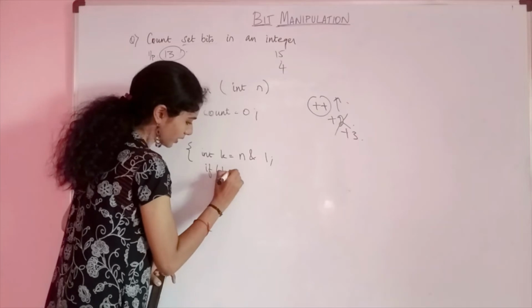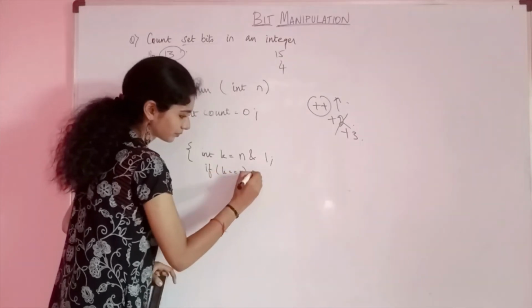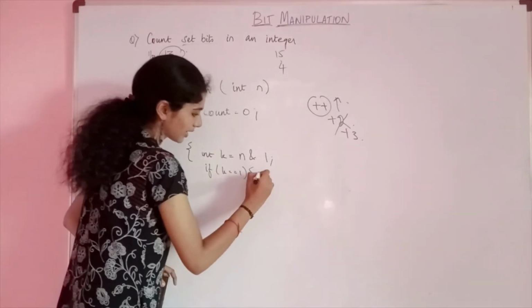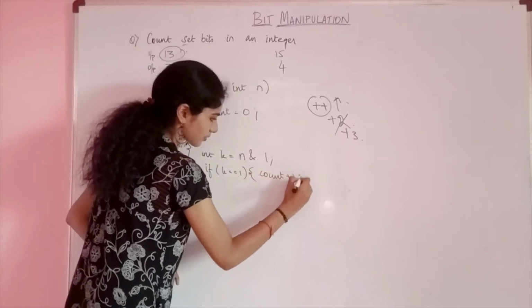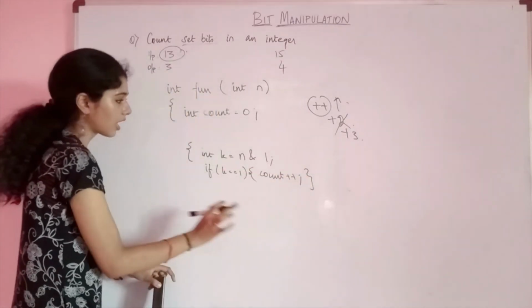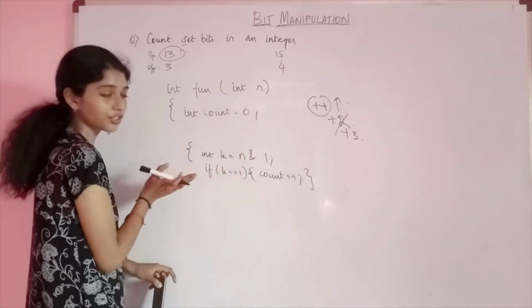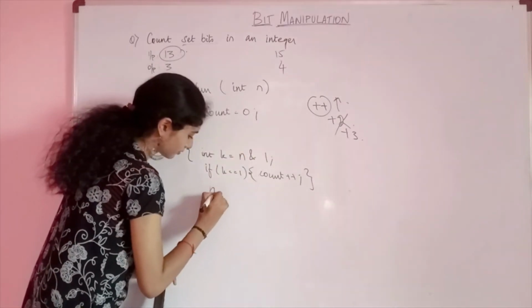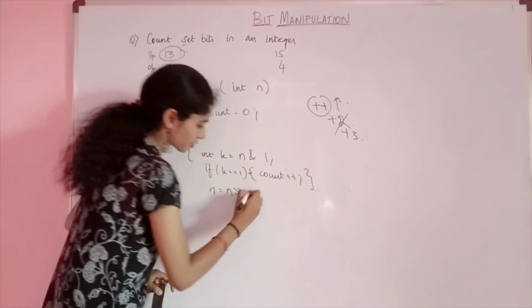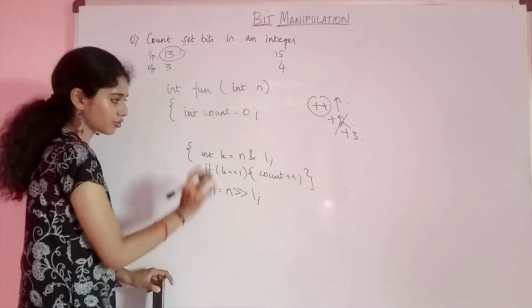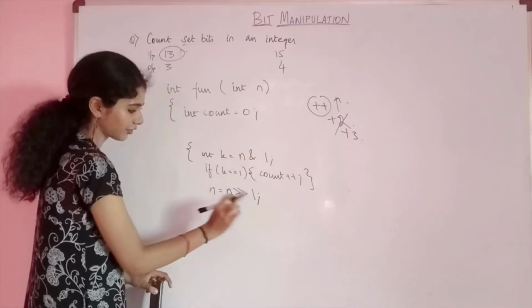If k is equal to 1, I can increment the counter. Count plus plus. Makes sense? And then I should right shift n by one position. So I get the rightmost bit, and I shift by 1.